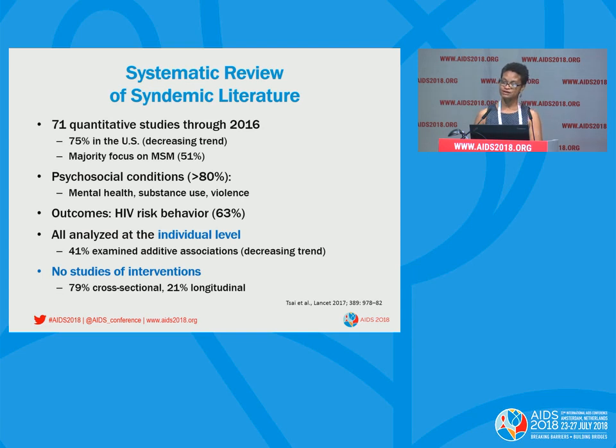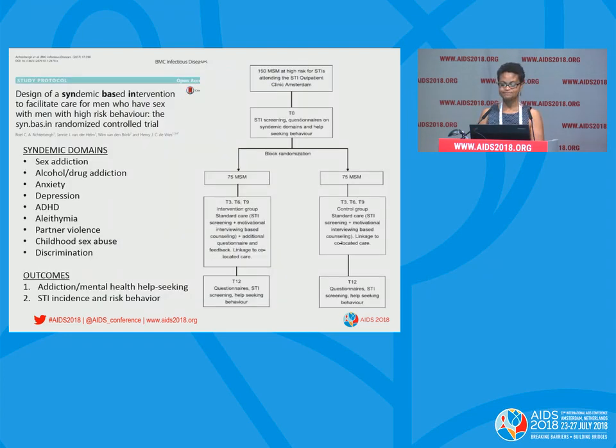So instead of looking at interactions, they looked at what happens if you add risk factor after risk factor after risk factor. However, that trend is also decreasing over time. And there were 0 studies of interventions. In fact, 79% of the studies that used the term syndemics were cross-sectional, and only 21% were longitudinal, making it hard to make causal inferences, right?